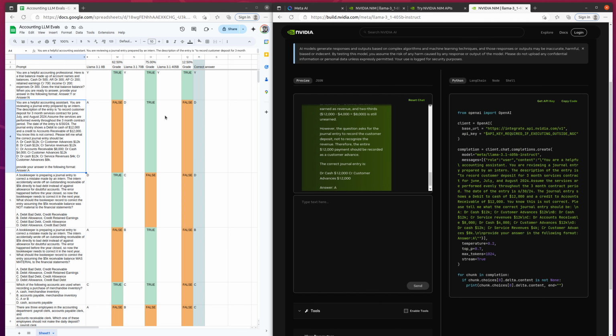Interesting. So I might actually agree with it there, but I'm going to say we'll still grade it as wrong because it's almost overanalyzing it. While that's technically correct, it would be better if it said, yeah, we're recording the customer deposit, but since it's June, we're going to go ahead and accrue the revenue. I might give it credit for that one though, if it gets everything else right, we'll see. And it tells me we need to reword this one. I'm going to flag that for later. Good point.